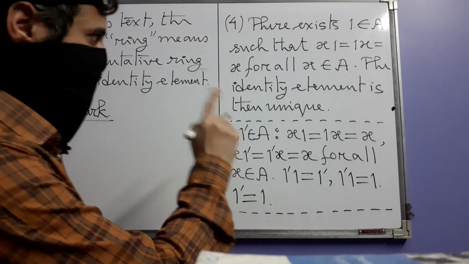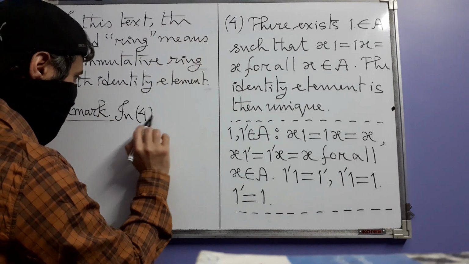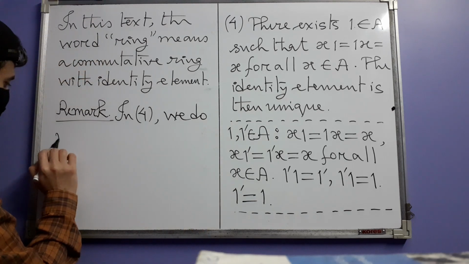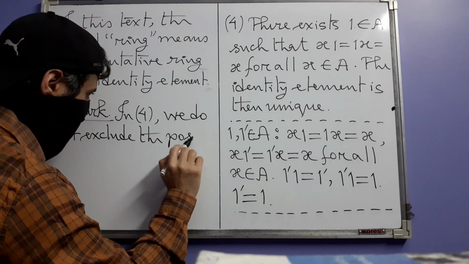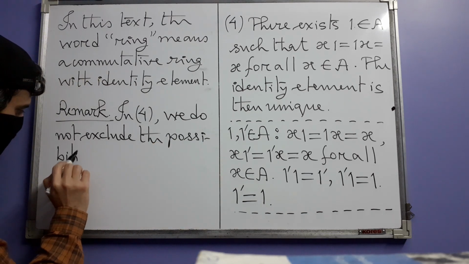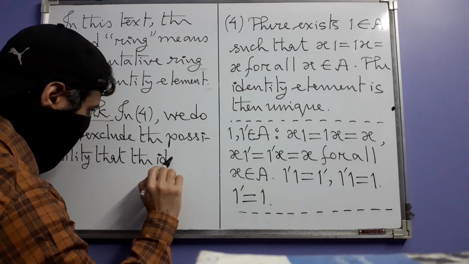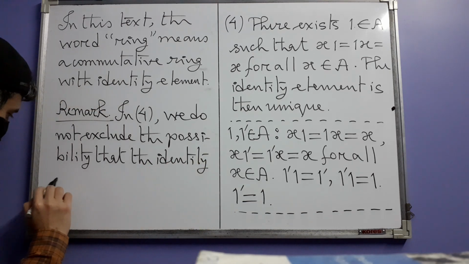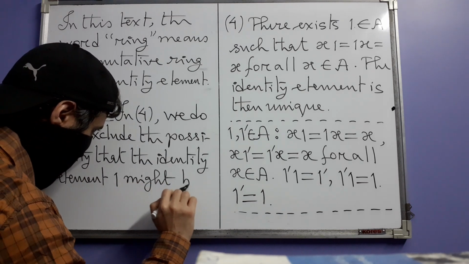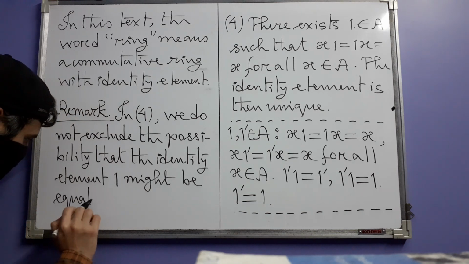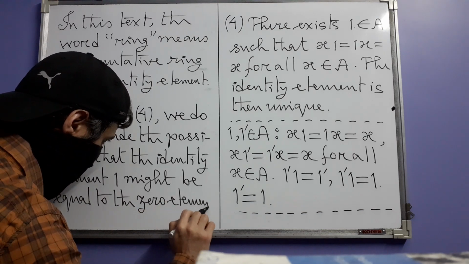The remark is about the identity element, its nature. In a ring, we do not exclude the possibility that the identity element 1 might be equal to the 0 element 0.